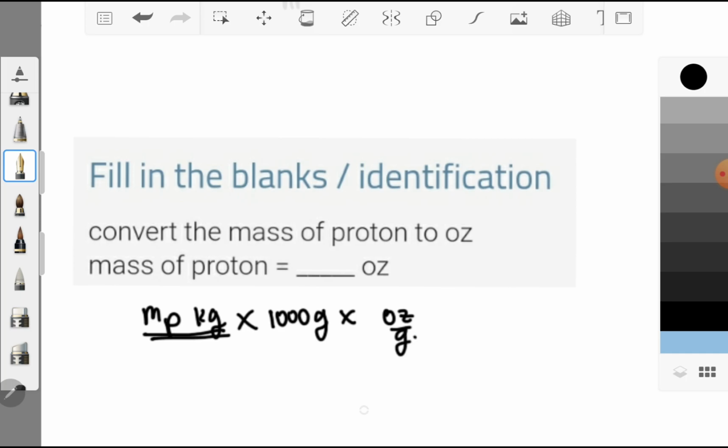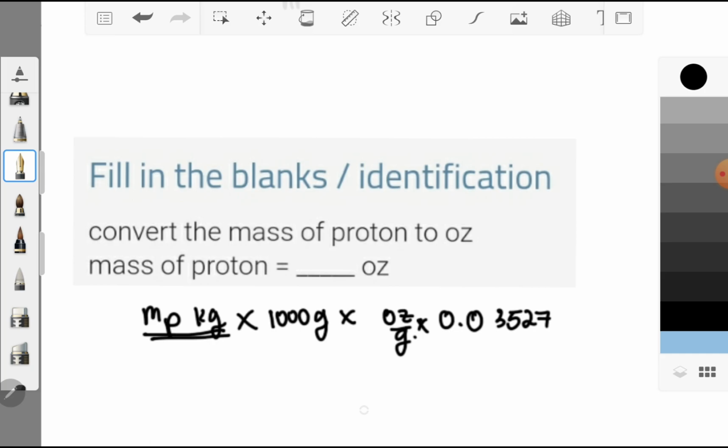Okay, from our ounce to gram, you all know that in our conversion of our calculator, 1 gram is equal to 0.03527. Okay?